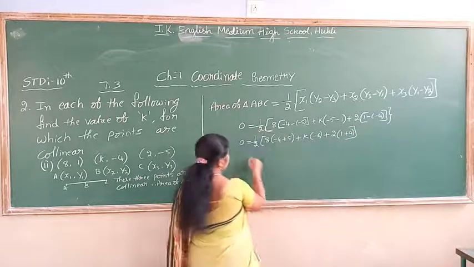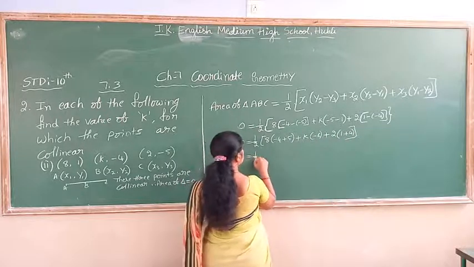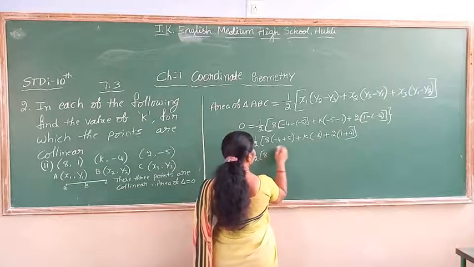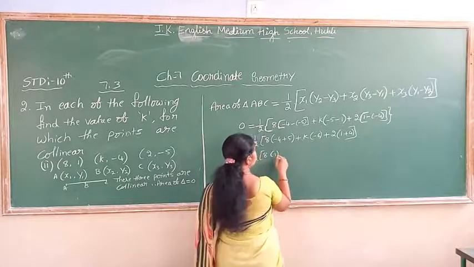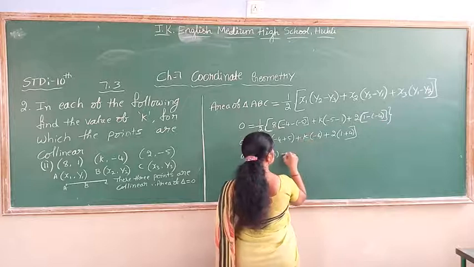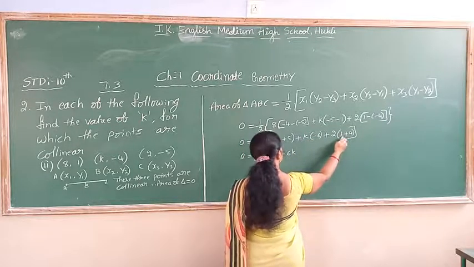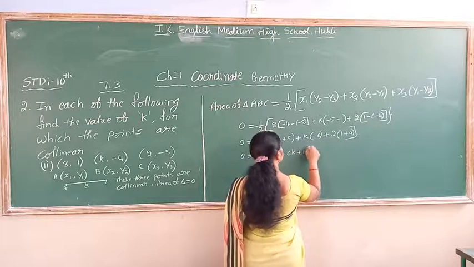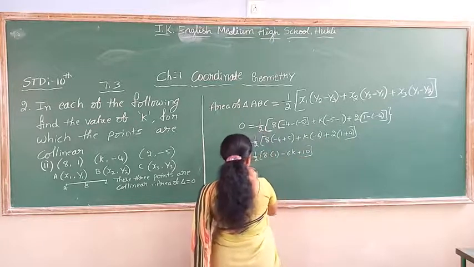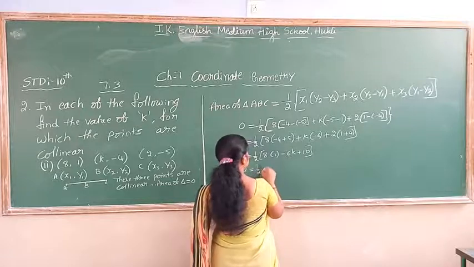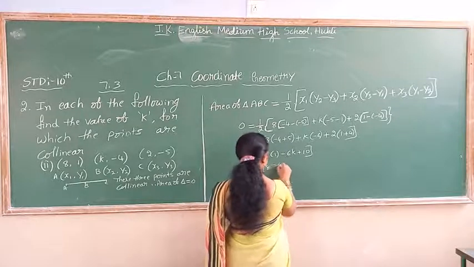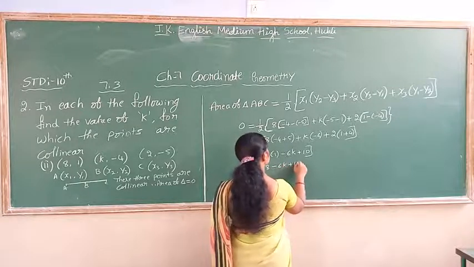Now if I simplify, I get 8 into (5 minus 4 is 1), minus 6k, plus 1 plus 4 is 5, 5 twos are 10. If I simplify further, I get 8 minus 6k plus 10.